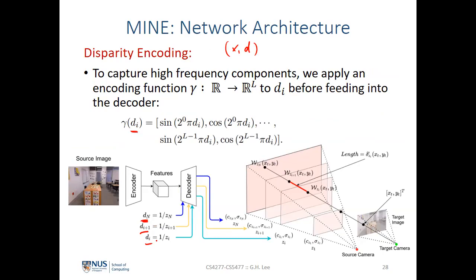Otherwise, it's just one value, and if you have just one value, then it's not so expressive. We tested this, and you would end up with a very blurry rendering, where the output images lose the high frequency components.